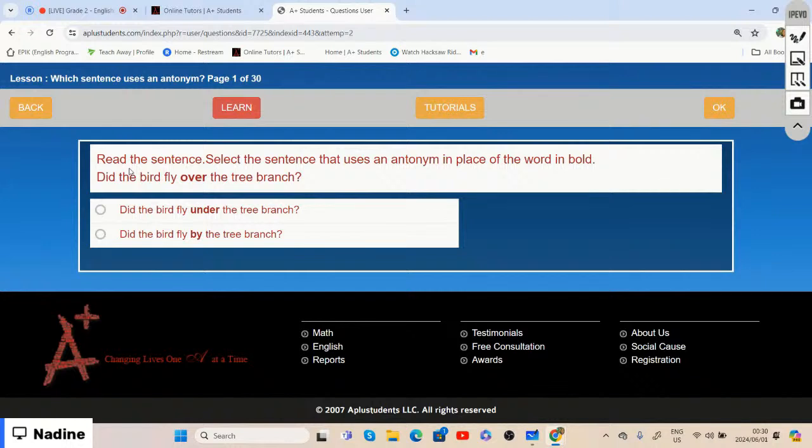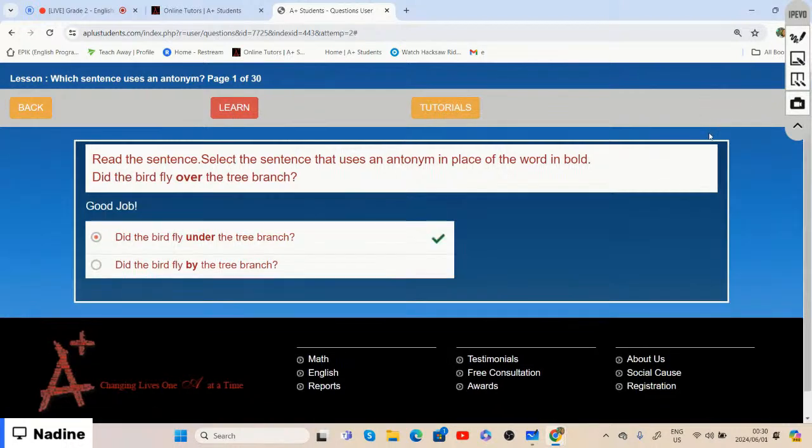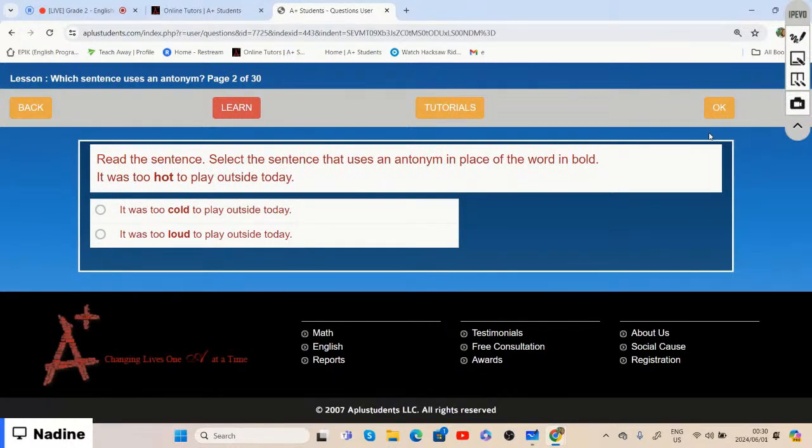Yes, so it says, did the bird fly over the tree branch? Or the opposite of over is, did the bird fly under the tree branch? So under is the opposite of over. So well done. Option one is correct.